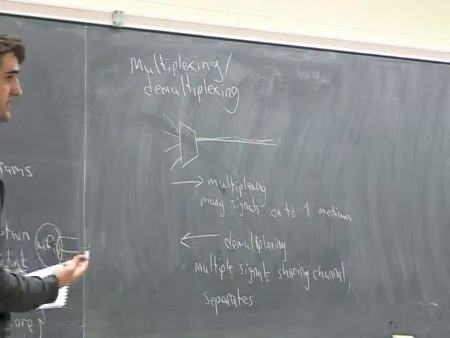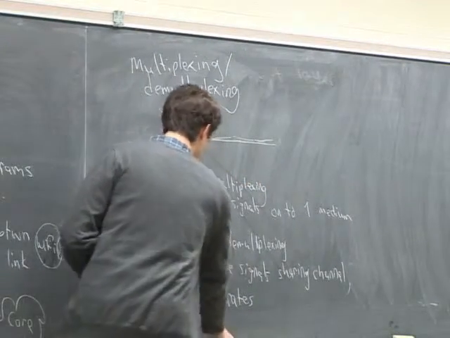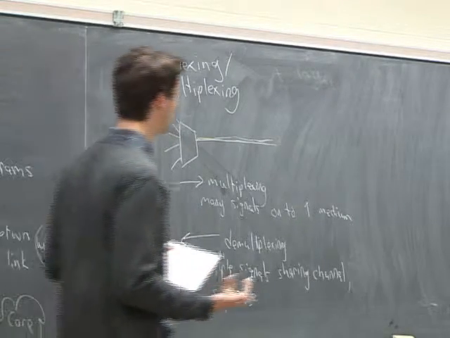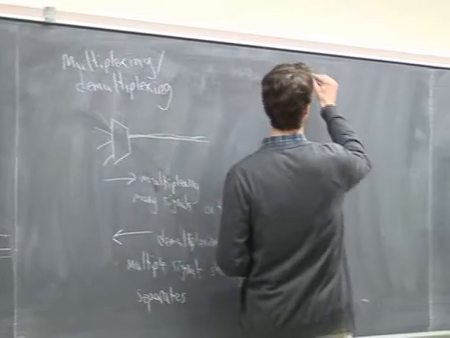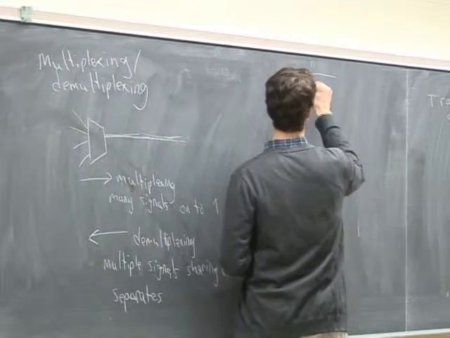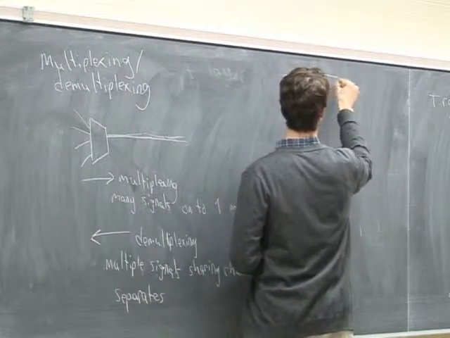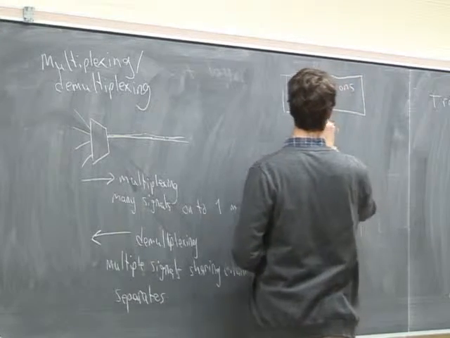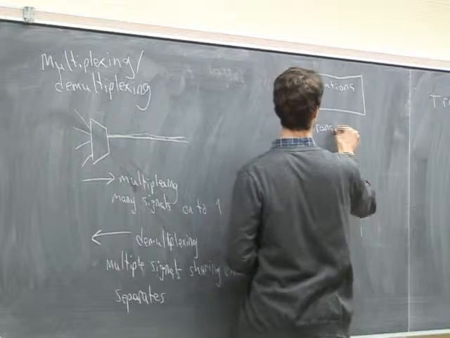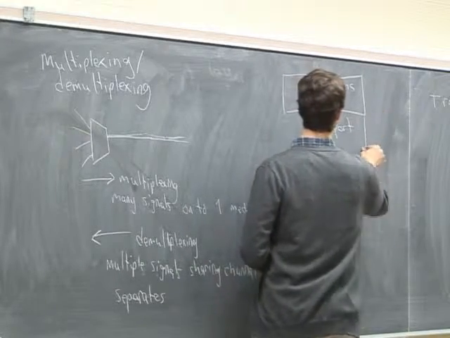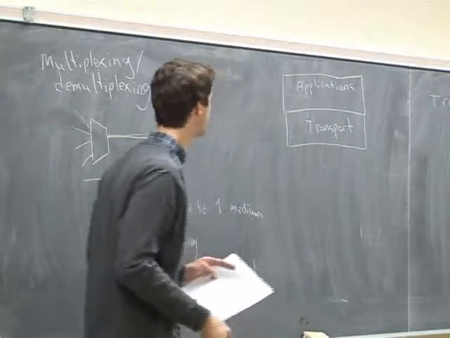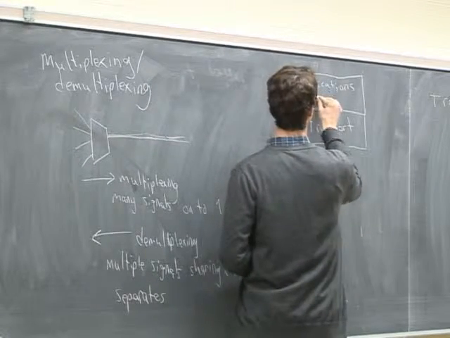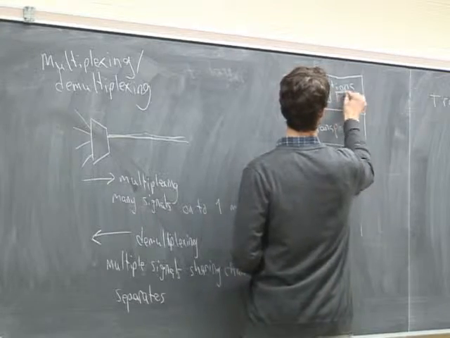All right, so the concept is pretty simple, and let's see how this works in the transport layer. Recall that we have applications sitting on top of our transport layer. Suppose we have a bunch of different applications running that are all using the internet.